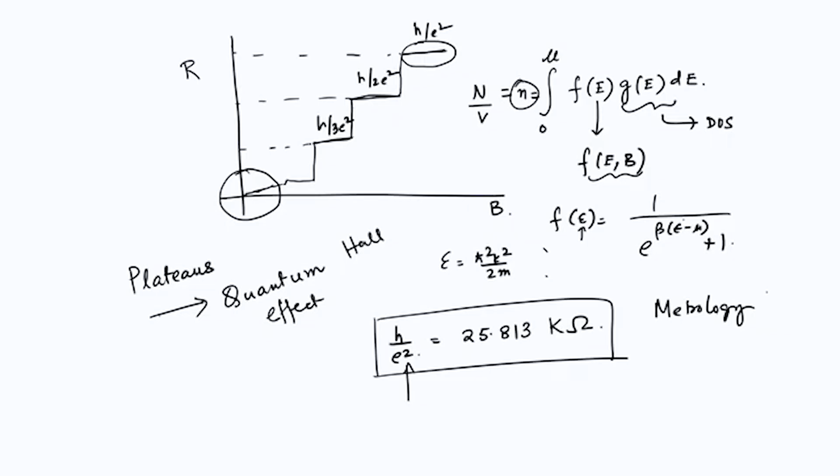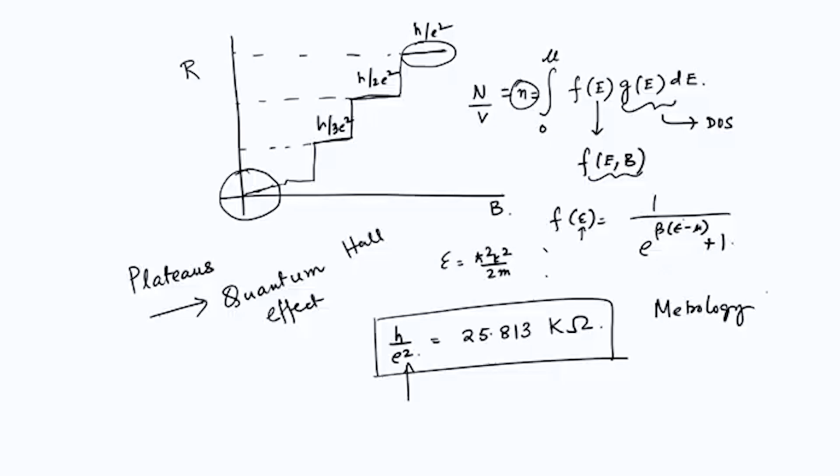You probably need to go to much lower temperatures to see some other effects, but let's not go into that. Here it's an experiment done with samples which are not perfectly clean, as we'll see in the coming discussions, but they still are able to fix the value of the resistance.